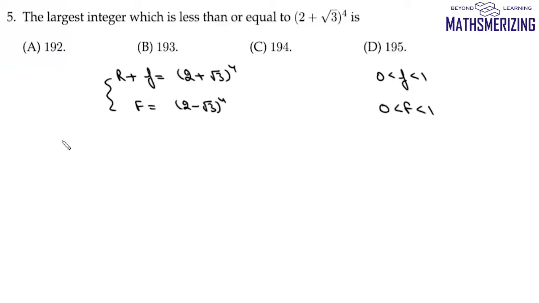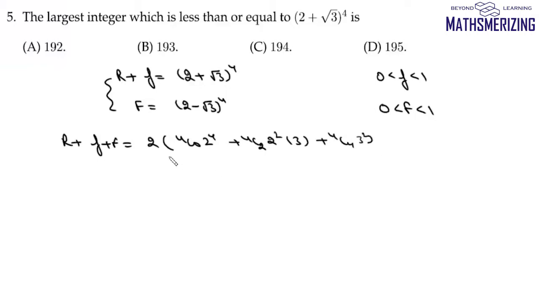Now we'll add them together. We can write this as r plus f plus f dash, and it will be 2 times (4C0 2 to the power 4 plus 4C2 2 square into 3 plus 4C4 into 3 square). So this value is an integer.